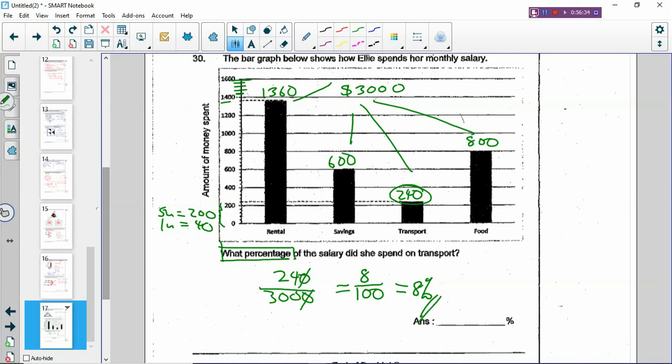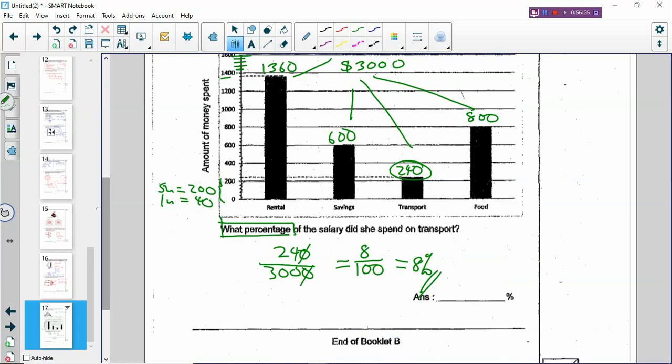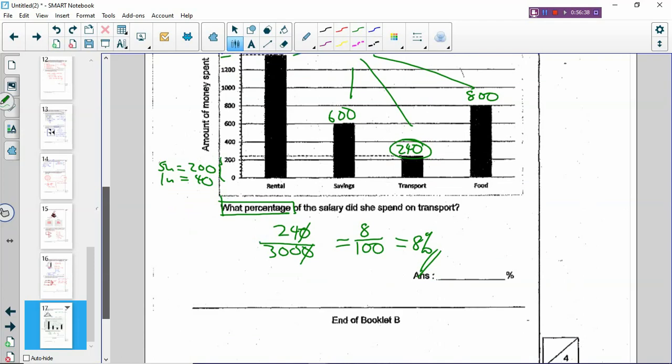Because I understand that many of you, your school teacher has taught this way, nothing wrong with that. If you know how to do it this way, then it's fine. Your 100% is all the money, which is $3,000, and then you want to find how many percent is the transport. Then some of you will have difficulty already.